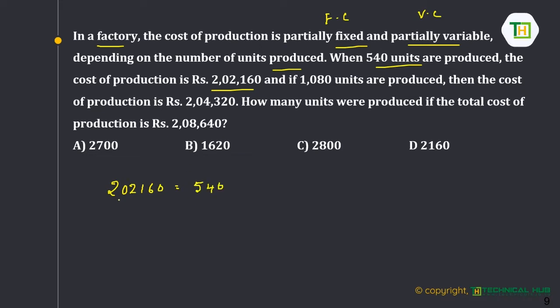So in this 2 lakhs 2,160, fixed charges will be there and at the same time variable charges are also there. But we don't know what the fixed charges and what the variable charges are here. Similarly, when 1080 units are produced, the cost of production is 2 lakhs 4,320.